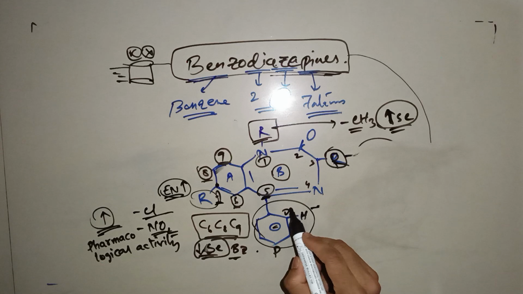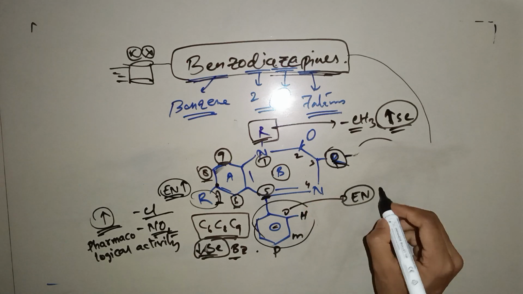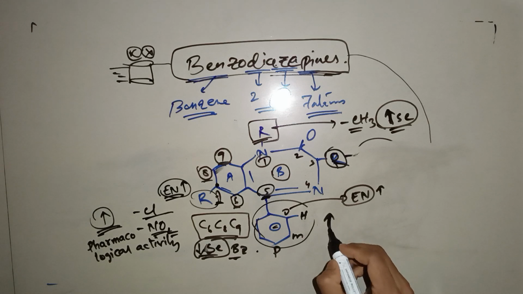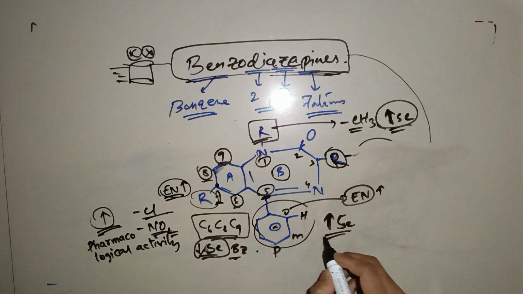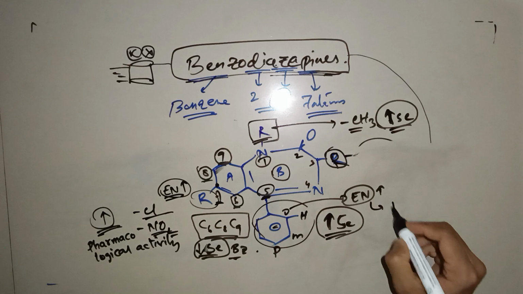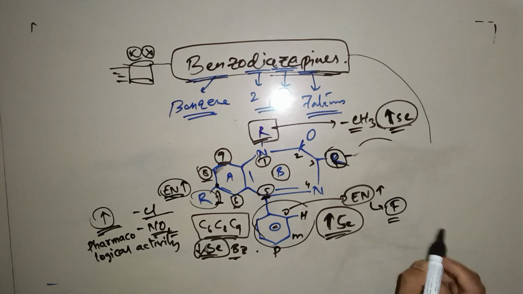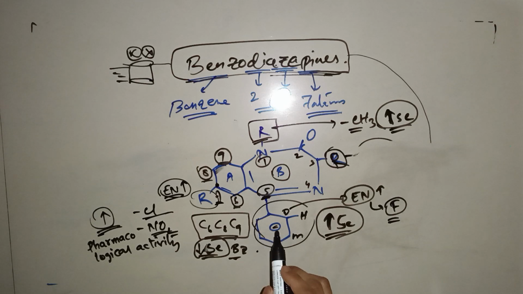So in the ortho position, if any highly electronegative atom is present, it will increase the activity of benzodiazepine. The example is fluorine. If fluorine or any highly electronegative atom is present at the ortho position of the benzene ring or C ring, then it will increase the activity of benzodiazepine. This is the SAR for benzodiazepine.